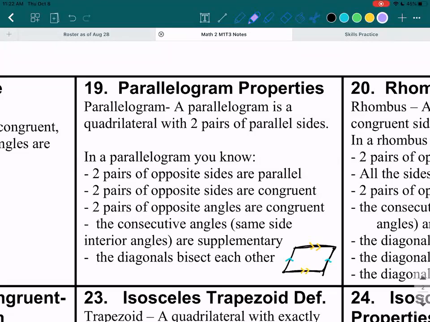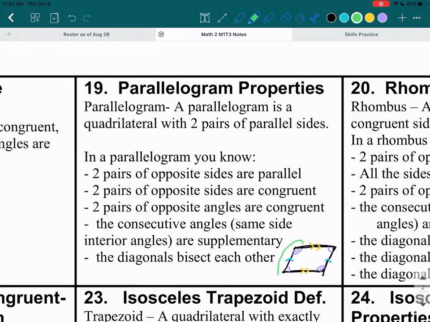There are two pairs of opposite angles that are congruent. So this angle and this angle, they're opposite, they are congruent. That and that, those two are opposite, they are also congruent. And then the consecutive angles, same side interior angles, are supplementary. So I'll just circle them.